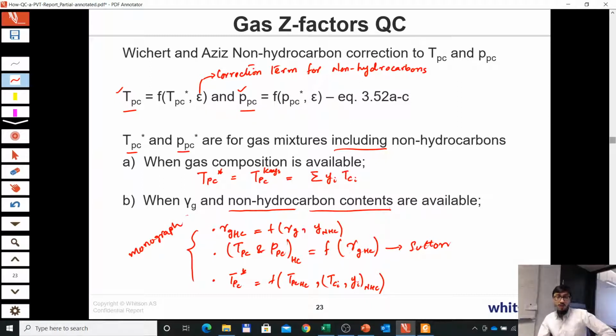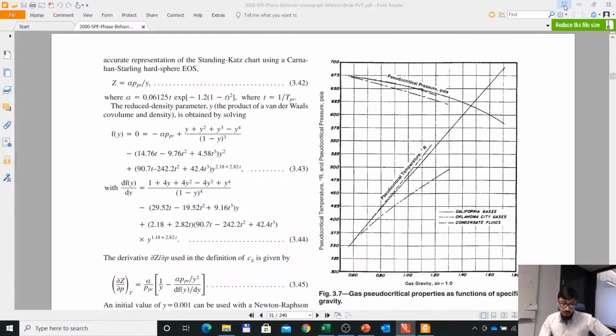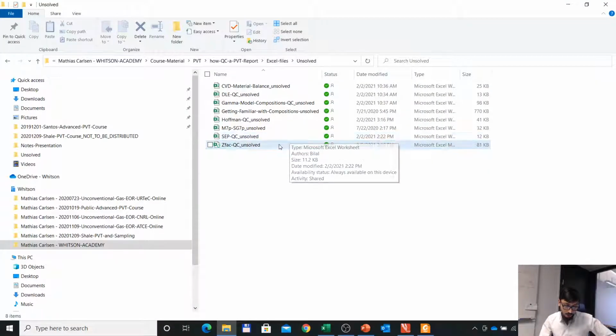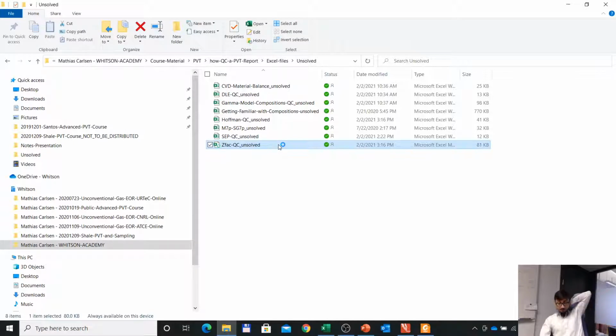So this was all on the theoretical side of how we are going to implement the QC, and now we will look at this Excel spreadsheet that we will use for this QC. First we open the Z factor QC Excel spreadsheet.